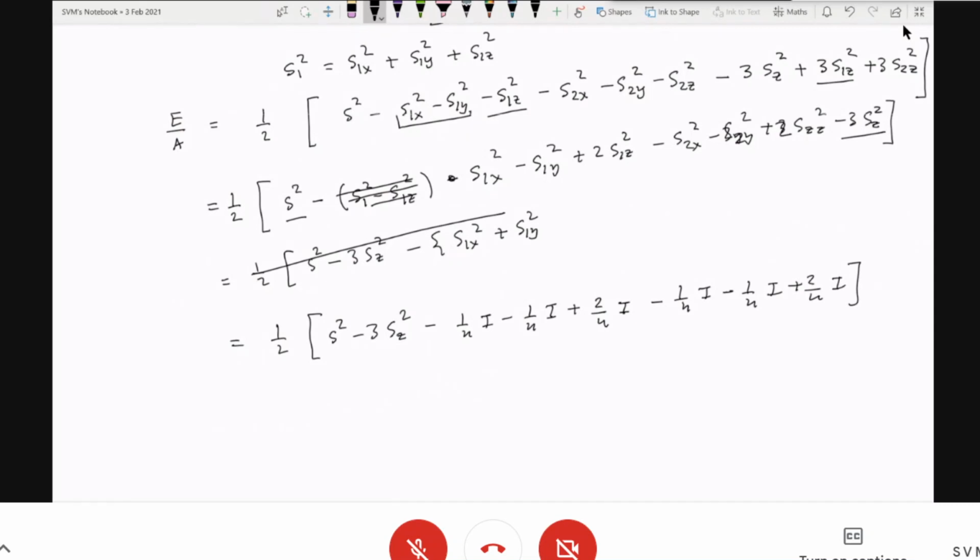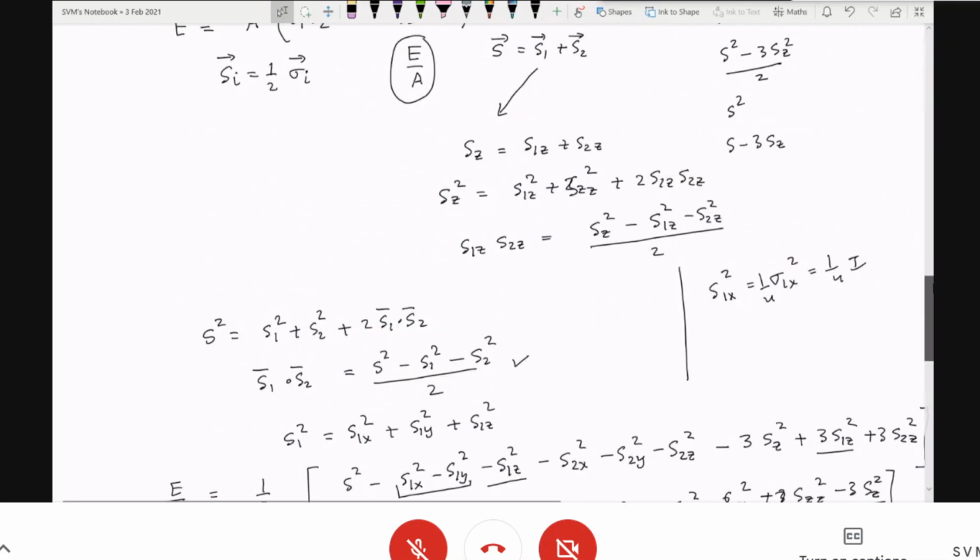So this will be 0, correct? That is S square minus 3Sz square divided by 2. That is there in the options, right? Option B is the answer.